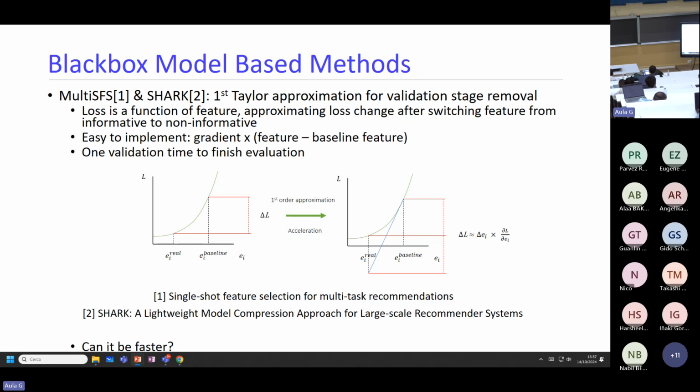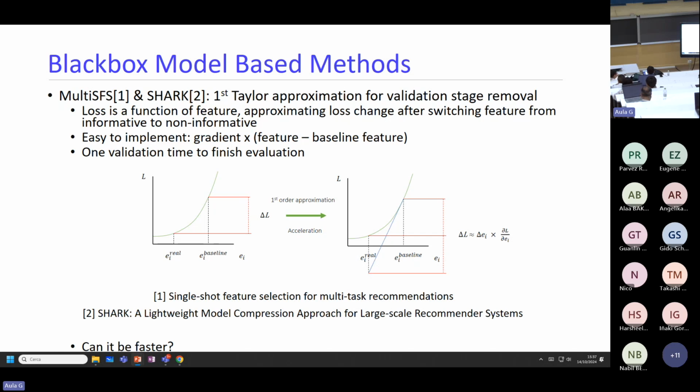If we view the loss as a function of features, the approximation problem becomes how the loss will change when we switch our x value from the informative ones to the non-informative ones, which can all be represented from the numerical value perspective. We can just use the gradient multiplied by the difference between the features and the baseline features to get the feature importance.